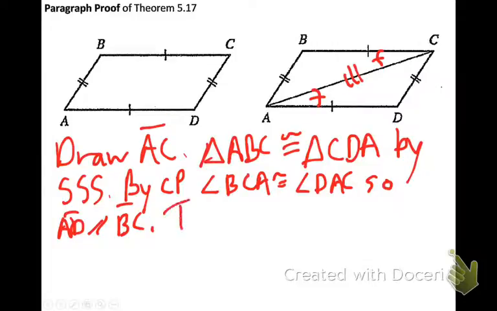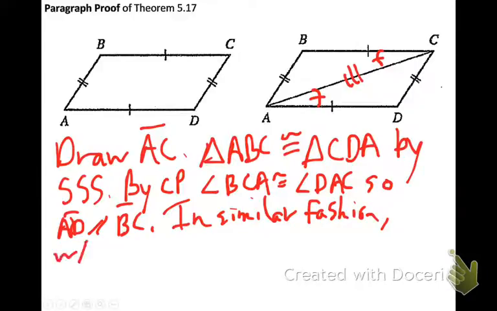So in a similar fashion, with BD, AB is parallel to CD.